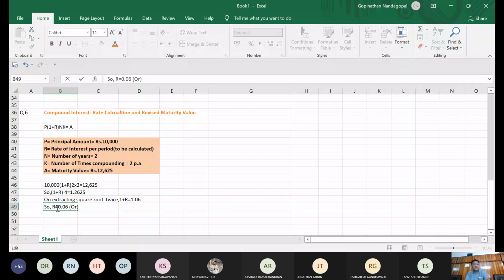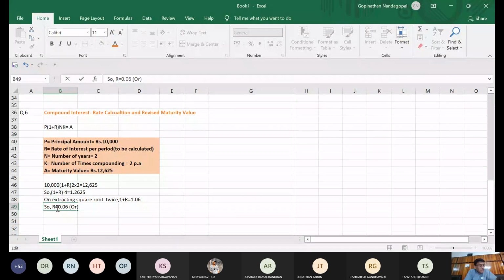In this case, we should not consider that. This is because the idea here is to find out the maturity value. Are you clear or not? Yes, sir.